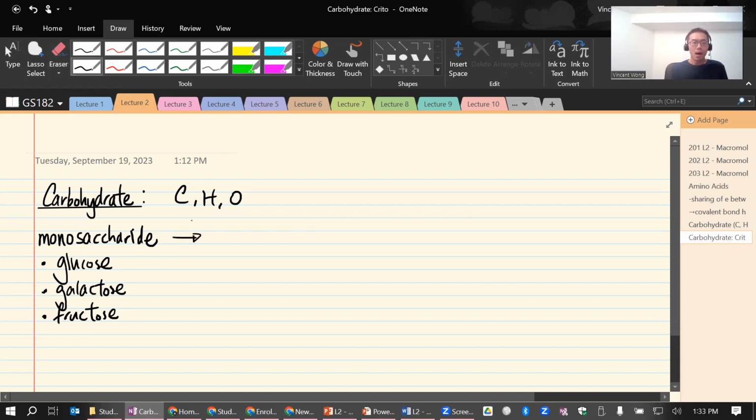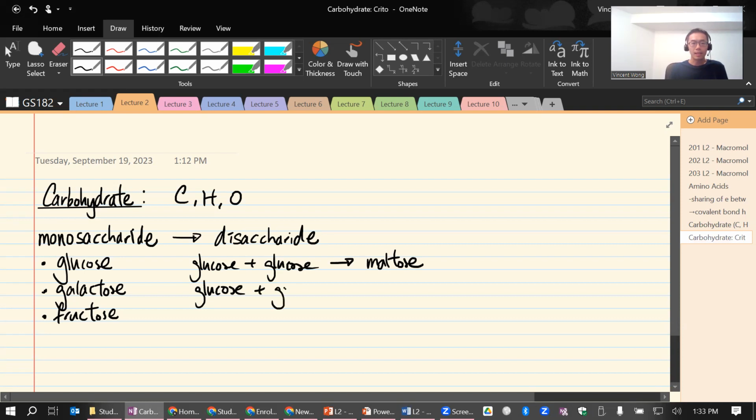And then you can combine the monosaccharides together to get disaccharide. Okay, so like, glucose plus glucose gives you maltose. Glucose plus galactose gives you lactose.